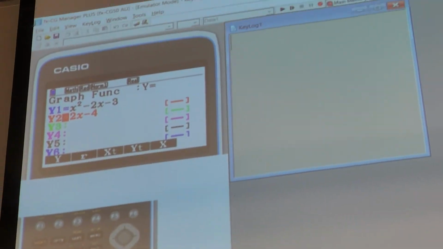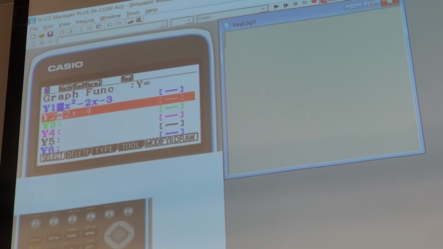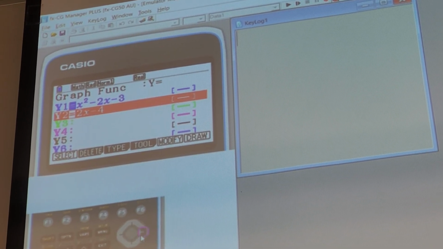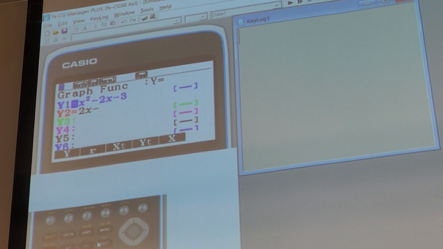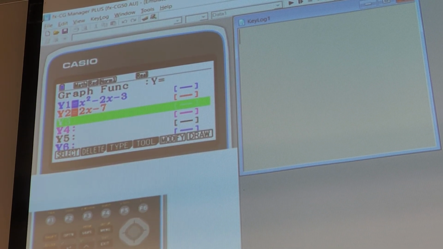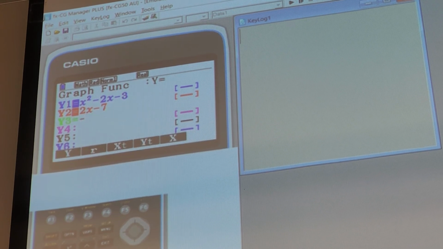We're going to put in, what's the first one? 2x take 7. And -6x take 7. Okay, have a look at this beauty.